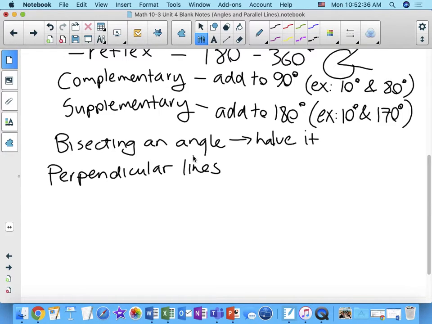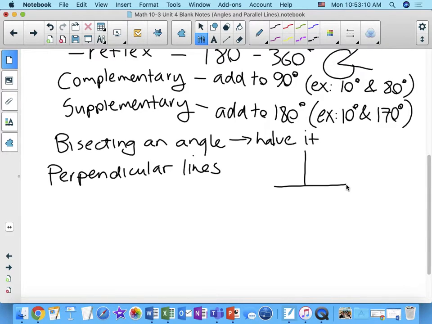If I said that line A is perpendicular to line B, like this can be line A and then line B would be like that. Okay, so they would look like this. What condition do they have to meet? Yeah. They intersect or they meet at 90-degree angles.